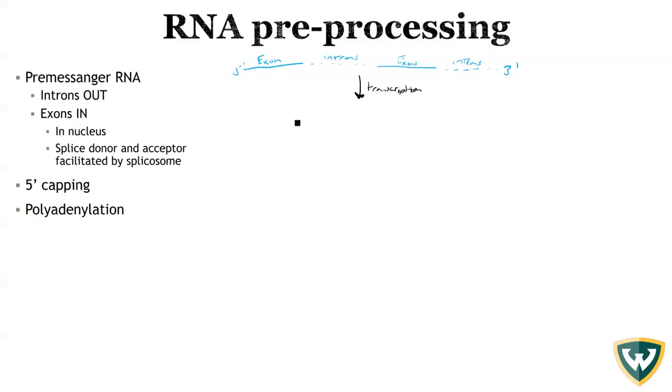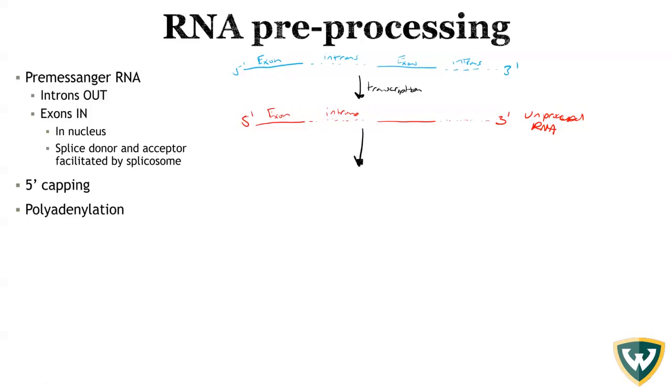And what we ended up with, even though this is reversed, is a single-stranded RNA that perfectly copied, except for changing the T's to the U's, if we remember that. And so we still have the capturing of exons and introns. And what we have is an unprocessed mRNA, unprocessed RNA transcript.